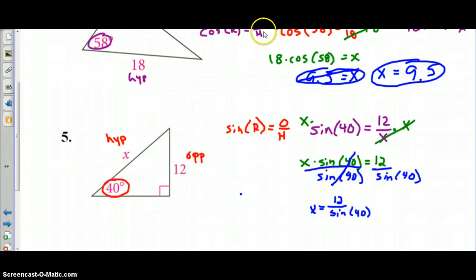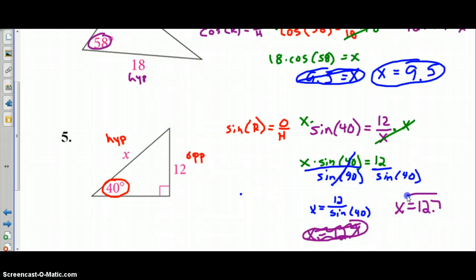And so in this scenario, x, our hypotenuse, is 12.7. Again, I apologize, let me rewrite that. So x equals 12.7.